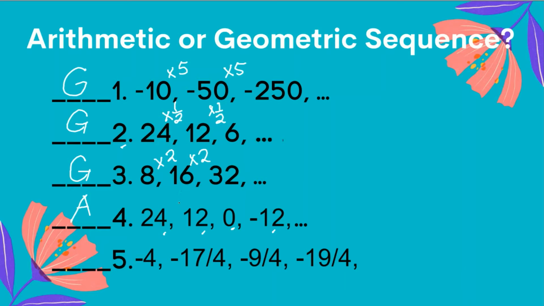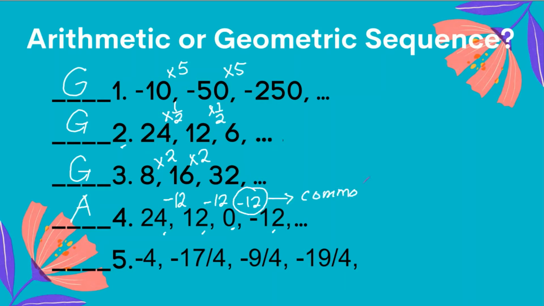So as you noticed, we are subtracting 12 or adding negative 12. So 24 minus 12 is 12, minus 12 is 0, 0 minus 12 is negative 12. So this one is our, remember, from arithmetic sequence, we have our common difference.